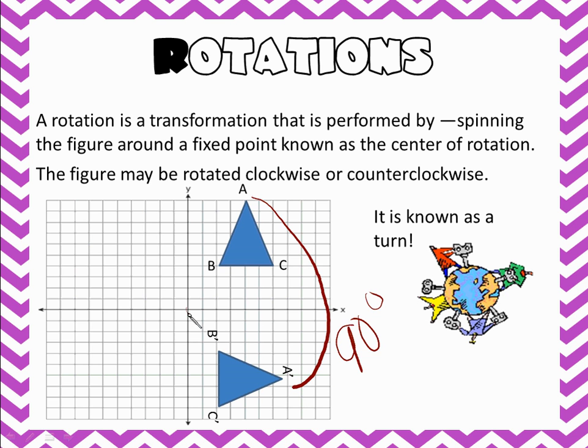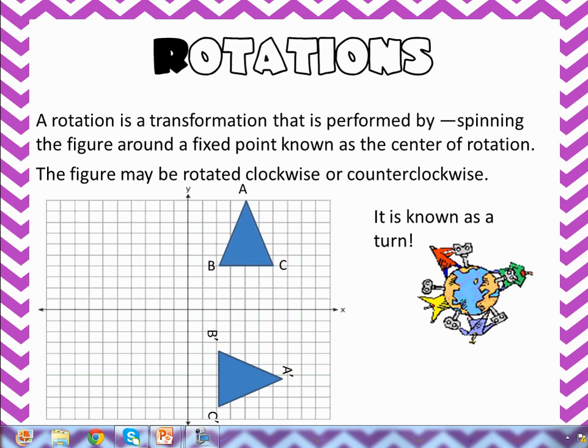Think about a clock. This would be our center point of rotation. And if I had hands like a clock coming out, clockwise would be this way. So if I wanted to do 90 degrees, which is just one turn, I'm going from quadrant 1 to quadrant 2, which is 90 degrees.